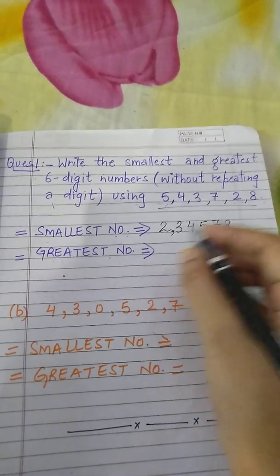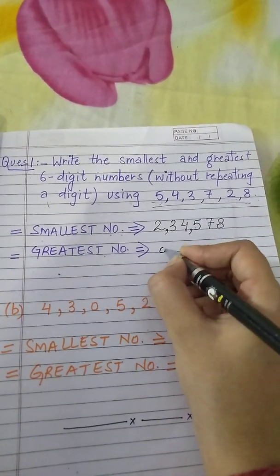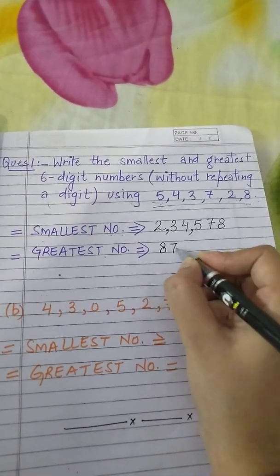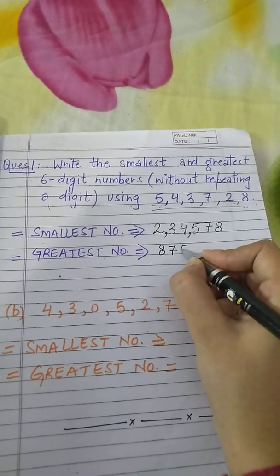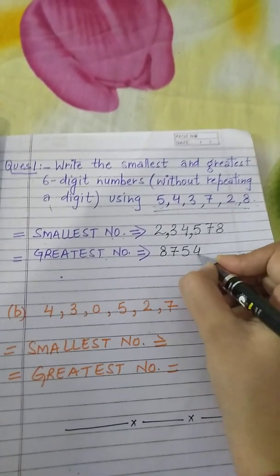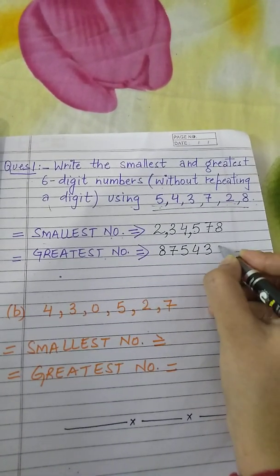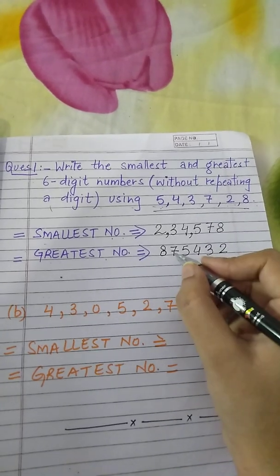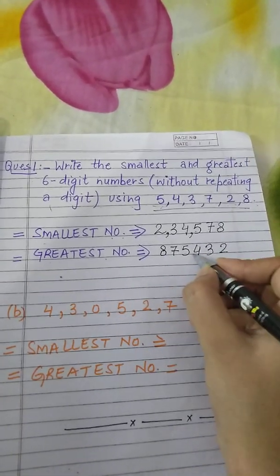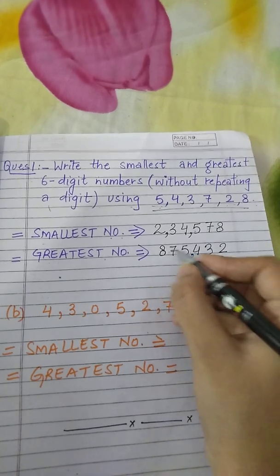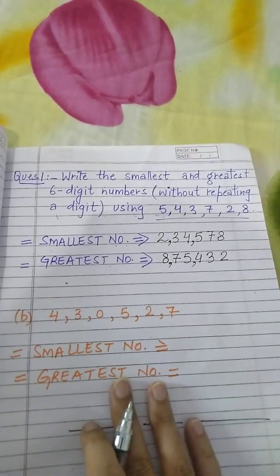So here the biggest digit is 8, then 7, then 5, 4, 3 and 2, and after that we have to put the commas, first comma after 3 digits, then after 2 digits.